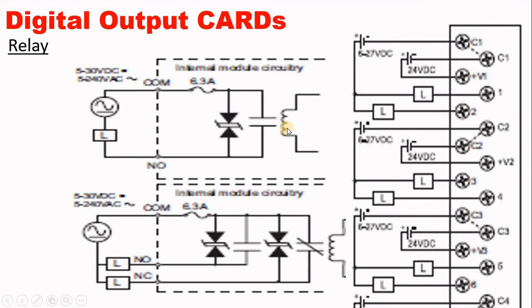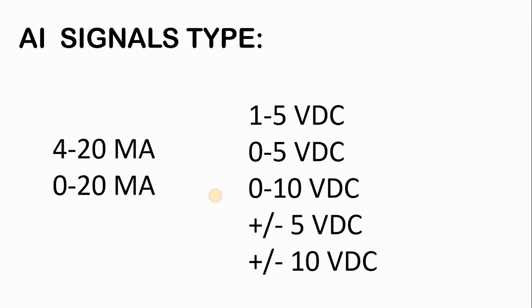Now when you have a card with a relay output, most of the time it will be one normally open contact. So if your channel is active, then this will be closed. If it is deactivated, this will be open. Some of the cards can provide you with normally open and normally closed. Analog inputs: 90% of the time you will find 4 to 20 milliamps.